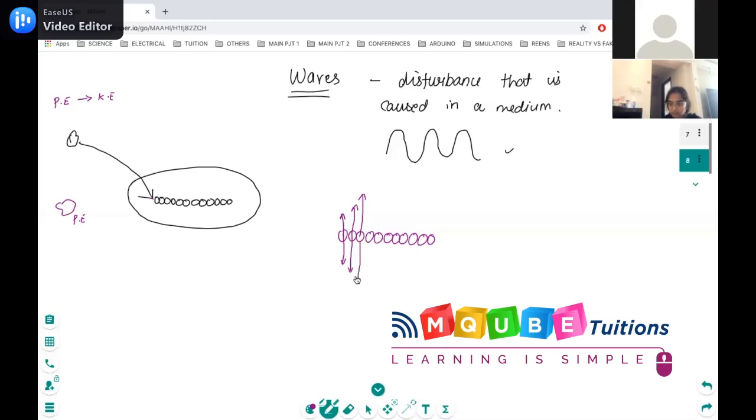When you are transferring the energy from one molecule to the other, the preceding molecule's energy goes down. And there's a wave kind of structure being formed. If I'm just joining, does it look like a wave? We have one crest here, correct? And it just goes on, continuing, so I don't have to draw it. Is this clear? Yes. Okay.